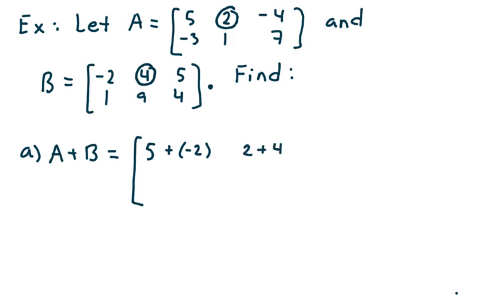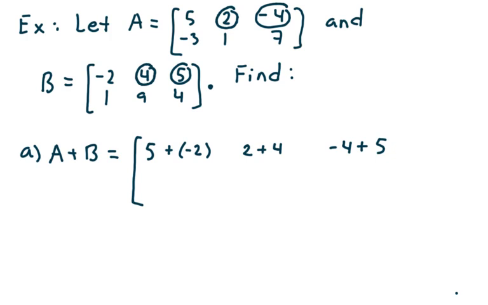So I'm going to take 2 plus 4. And then I'm going to take negative 4 and add 5. So notice I took the entry in the first row, third column of A, and added it to the corresponding entry in the first row, third column of B. So to finish out the first row, I'm going to get negative 4 plus 5.